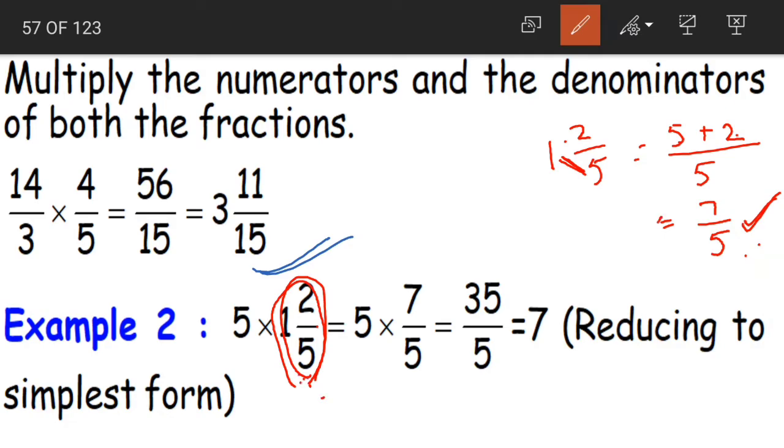Now what are we left with? We should multiply this with the whole number 5. 5 into 7 by 5. As we have discussed about multiplication of whole numbers, what did we do, children? We multiplied the whole number by the numerator and then retained the denominator.